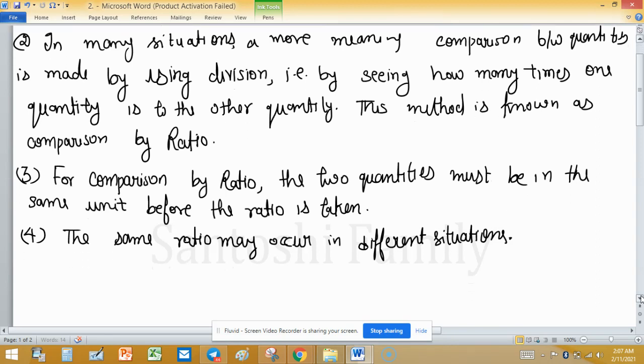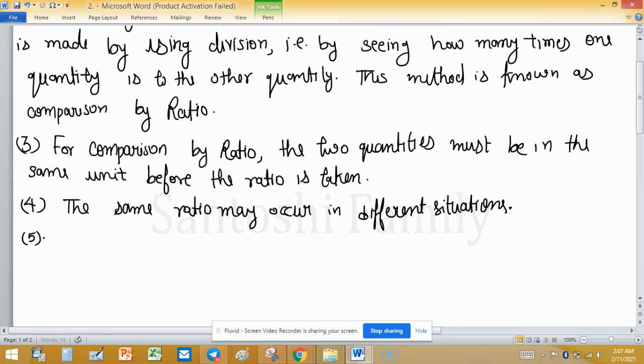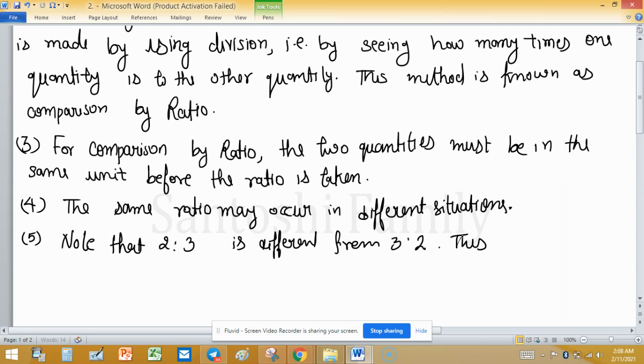Now fifth point is, note that the ratio 3 is to 2 is different from 2 is to 3. It is very important.